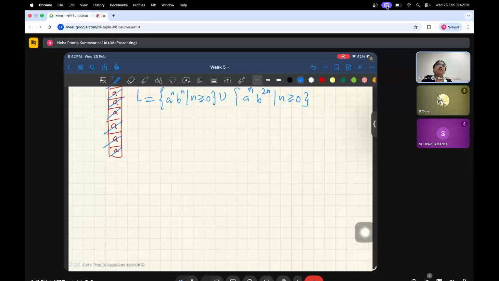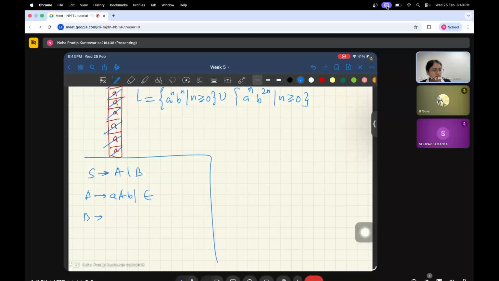Well, in terms of grammar, it's kind of easy to see. One very indirect way of doing this would be, you know the grammar for this, right?